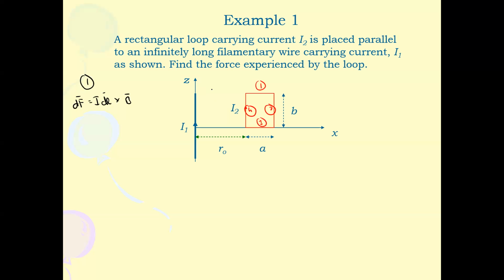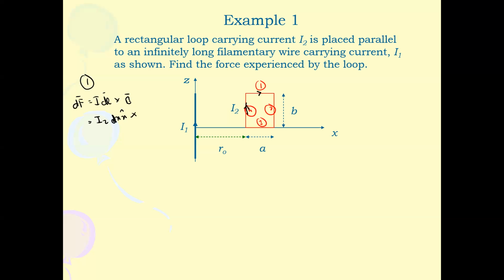For side number 1, we know that your current is directed here. This is your current direction. So we have I2, and the dl vector should be dx in the direction of x, because side number 1 is parallel to the x-axis.